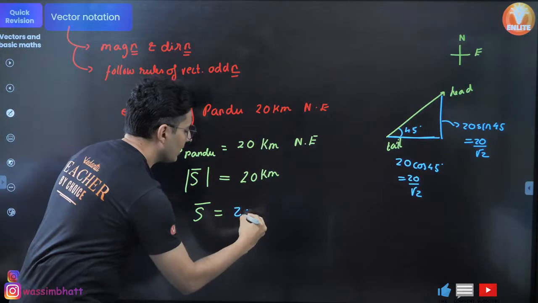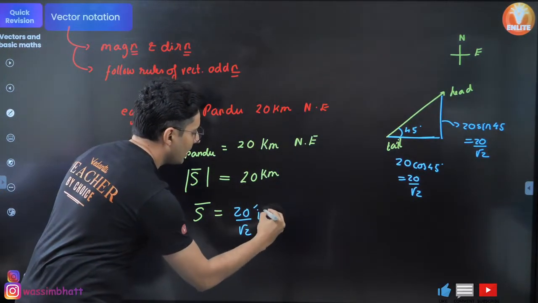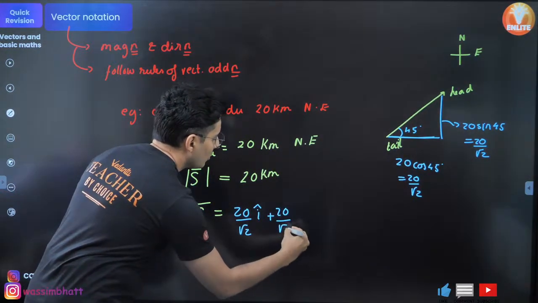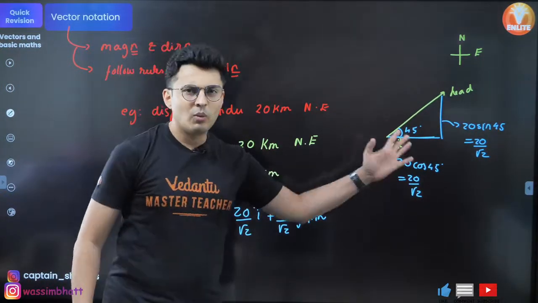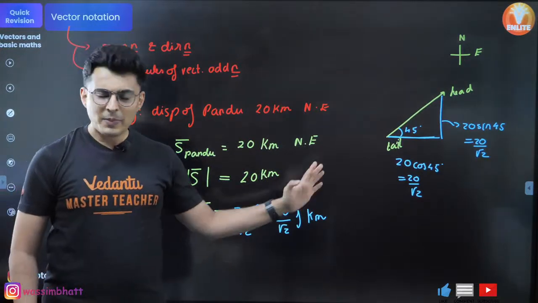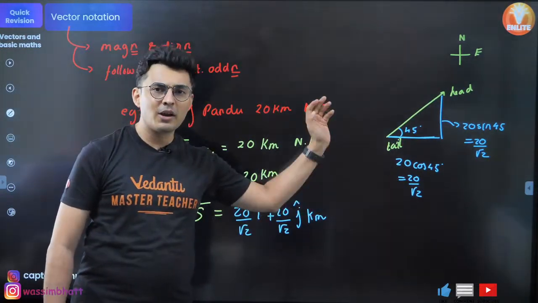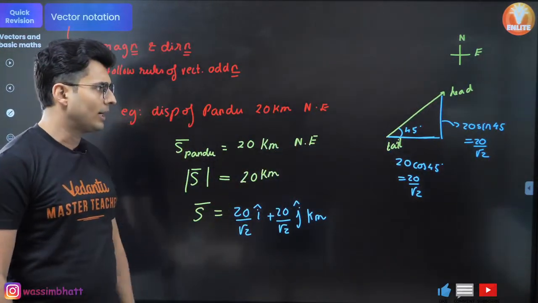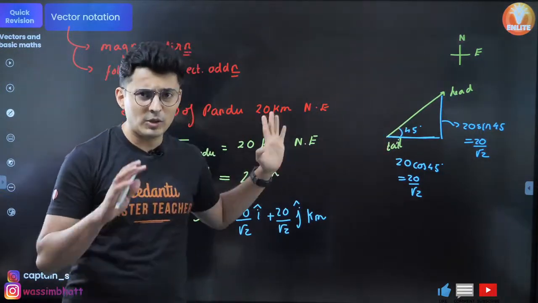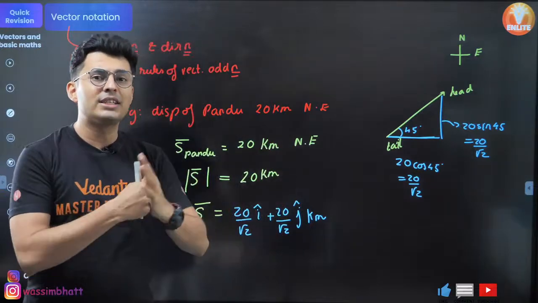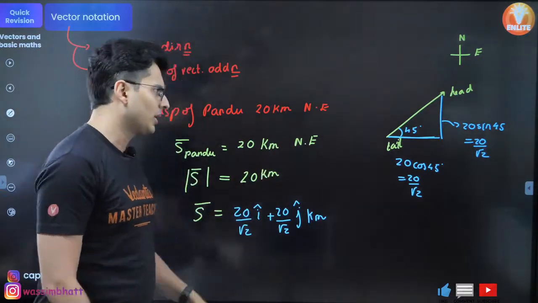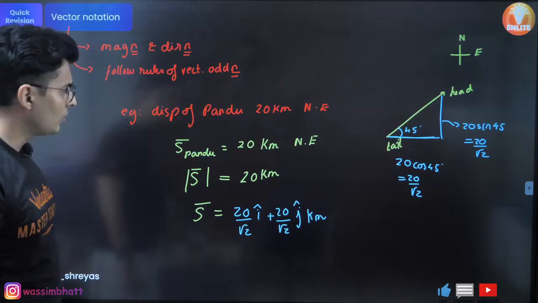So this will be nothing but 20 by root 2 I cap plus 20 by root 2 j cap kilometers. So what is this ijk? I'll come in a bit, but this is also a very good way of representing the vector quantities. This cos sine also I'll be elaborating in case you have forgotten and you always get confused which is cos, which is sine. Don't worry about it. So this is all about vector notation.